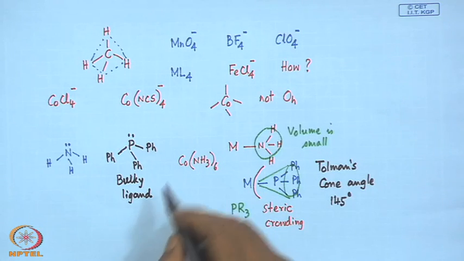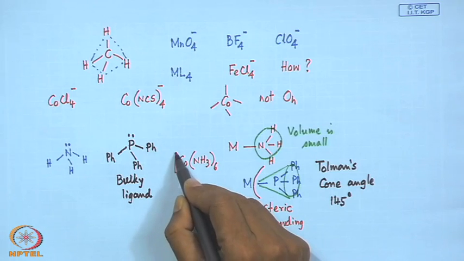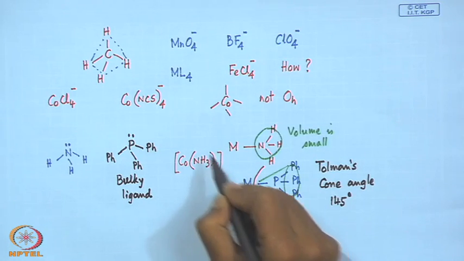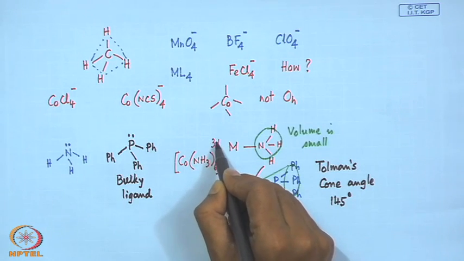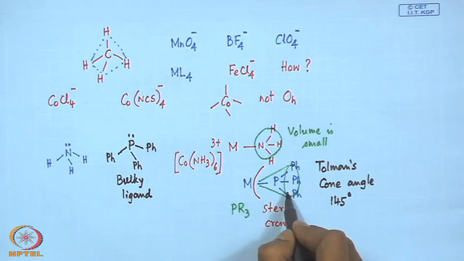we can accommodate 6 ammonia molecules around the cobaltic ion, that means trivalent cobalt, which is not possible with phosphine.